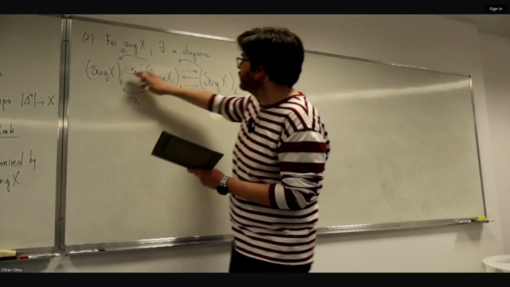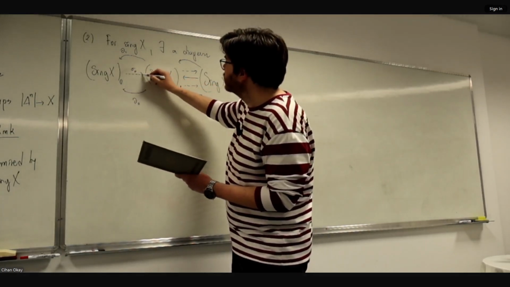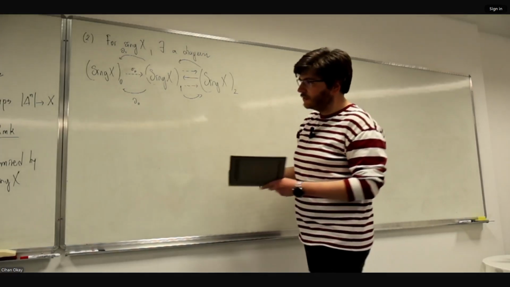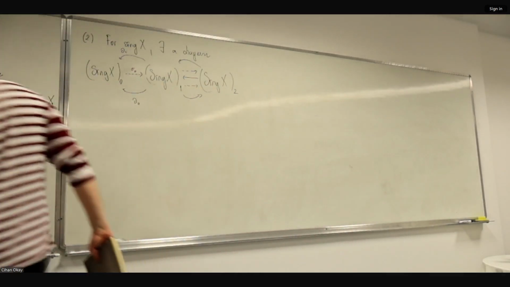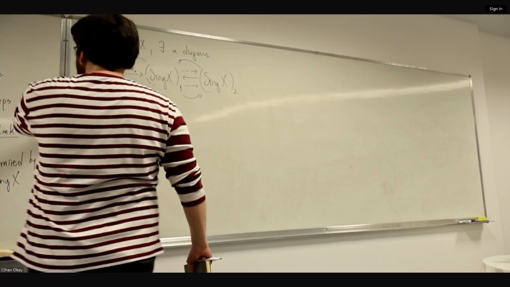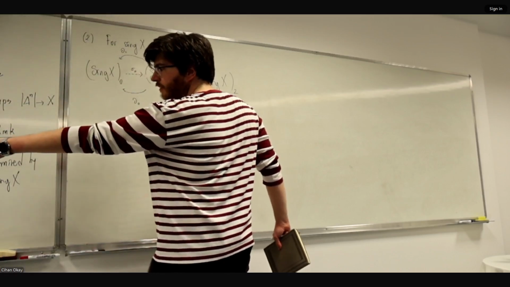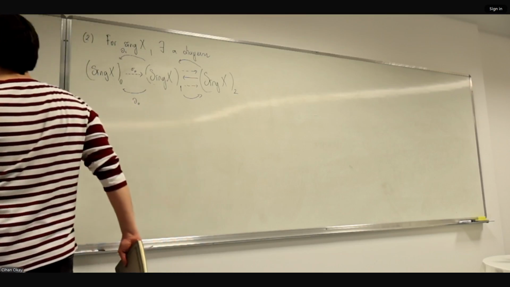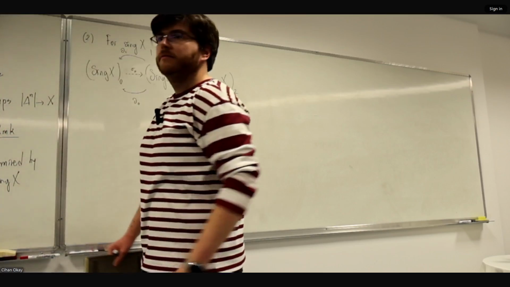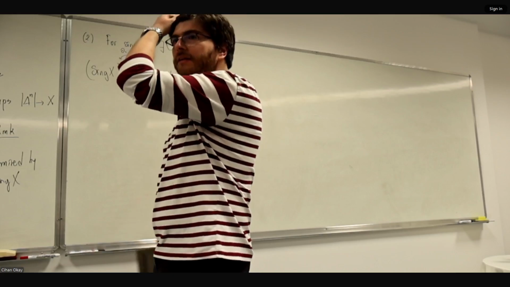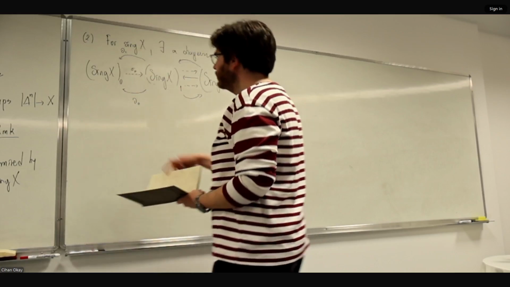Maybe I should sketch these as dashed arrows. The notation is a little different because these are just images of these maps under this functor. It's contravariant.